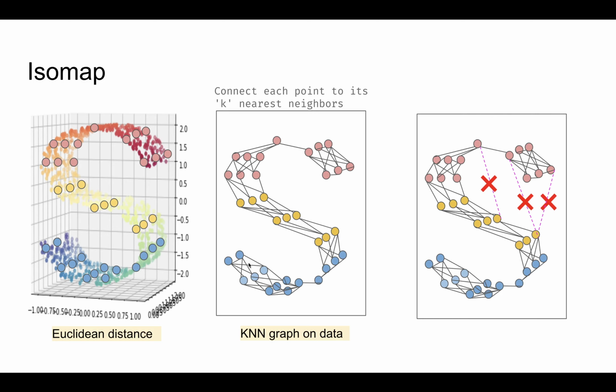So the shortest distance from this point to this point is calculated based on this graph, and care is taken while creating this graph that these connections, such as shown here by the magenta lines, do not occur, so as to preserve the shape or the contour of the manifold.